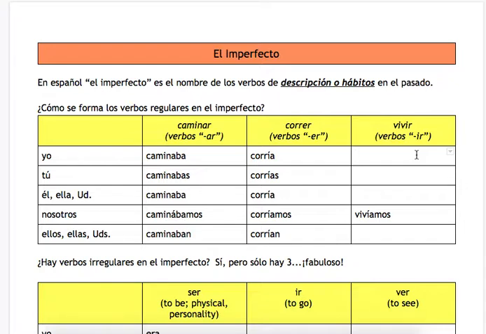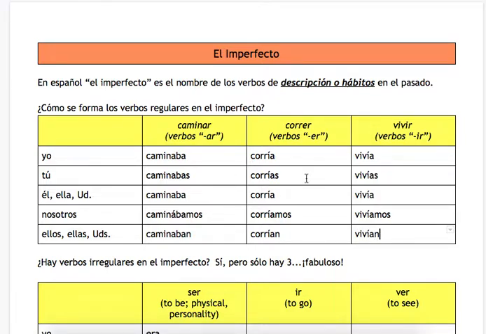So for vivir, you take off the IR ending and replace it with ía, vivía. Tú vivías. He, she, and usted vivía. Again, notice that these two are the exact same. Vivíamos for we, which already is in your notes, and then vivían for they.